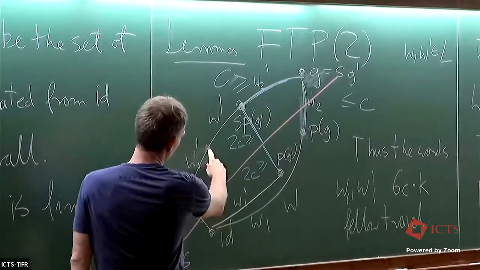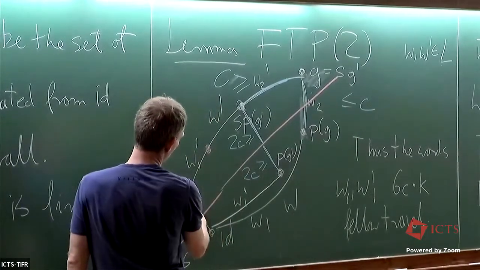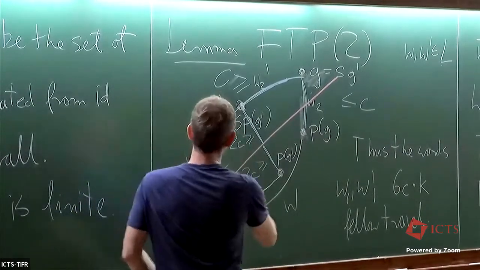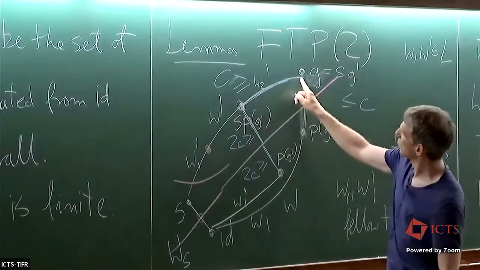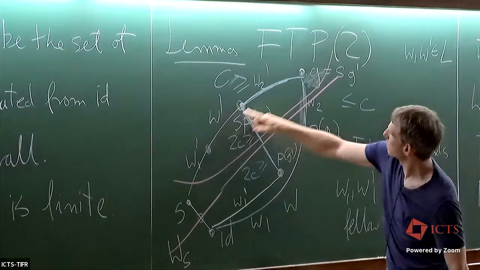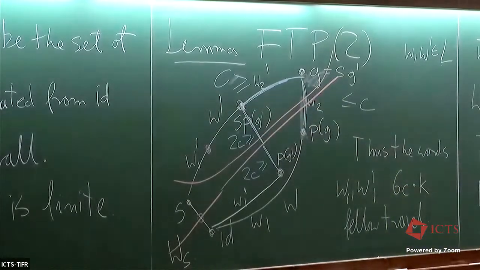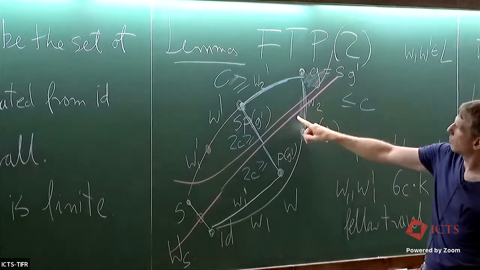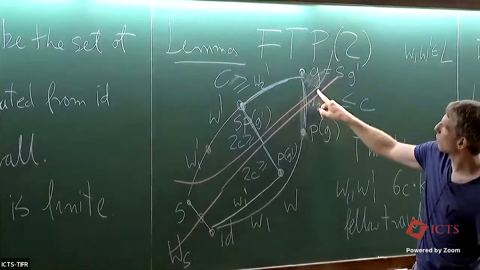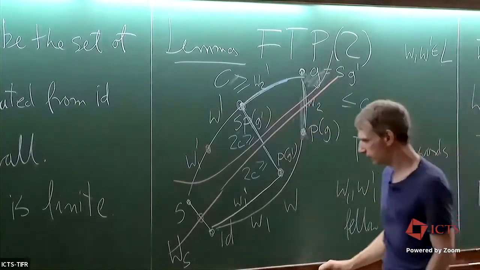So in particular, this wall has to cross that path somewhere. This is too short, so it has to cross here. And it cannot cross a geodesic twice. So it has to cross this path somewhere here. And this contradicts the assumption that the original red wall was in WG, because we found another wall that's closer to G.